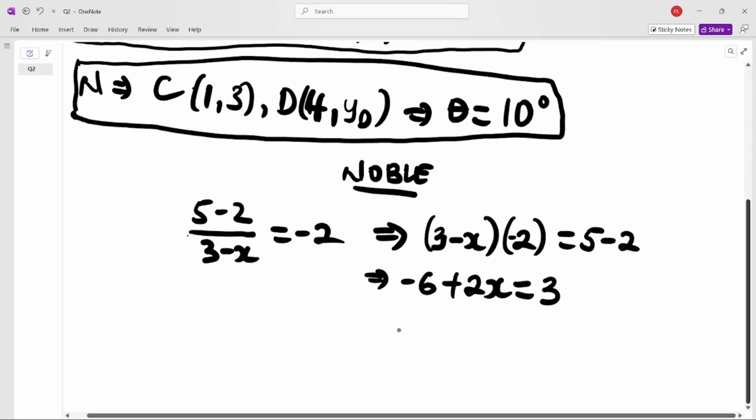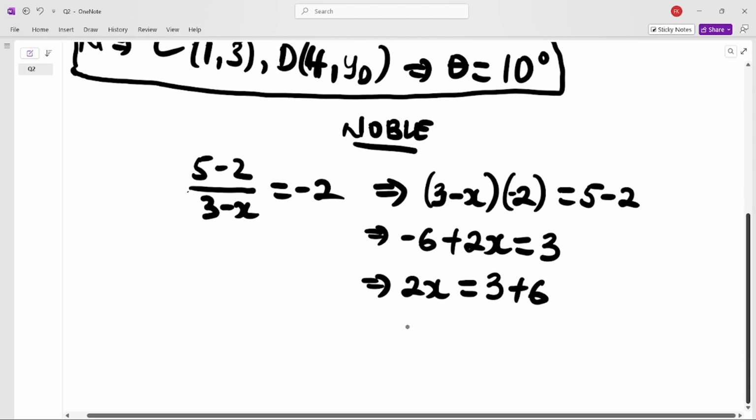And then we move the 6 to the other side. So it's going to be 2x is equal to 3 plus 6. And so 3 plus 6 is 9. So it's going to be 2x is equal to 9.